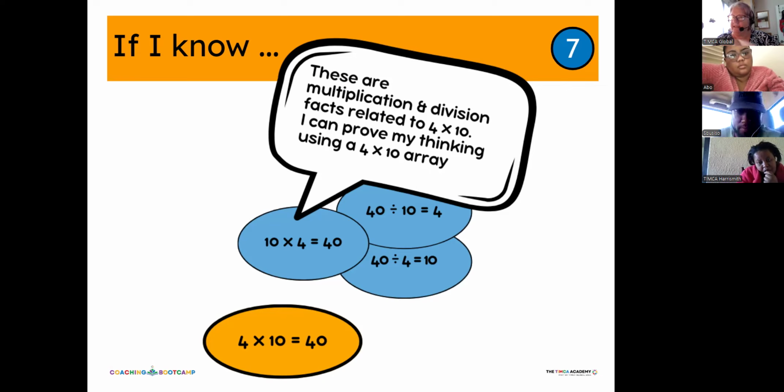Make it 4 by 10 and see how these facts look. Those are 4 facts that come straight out of that one thing.